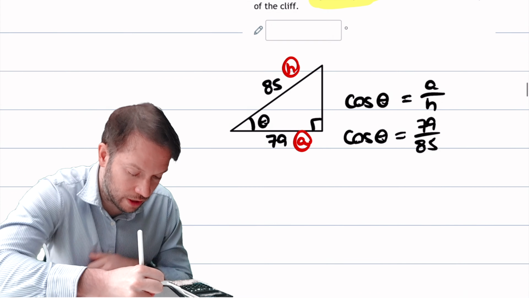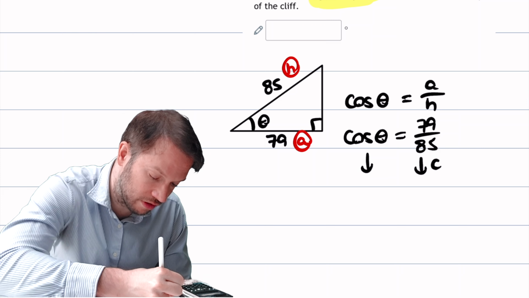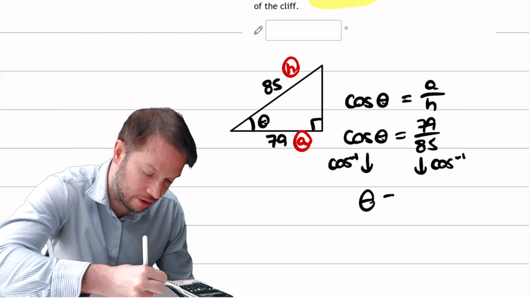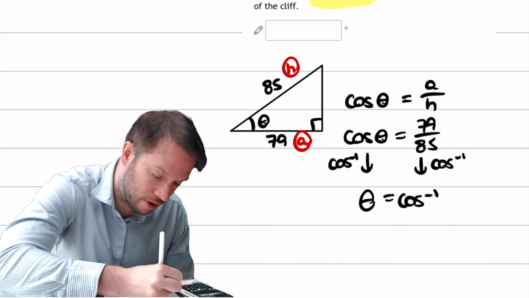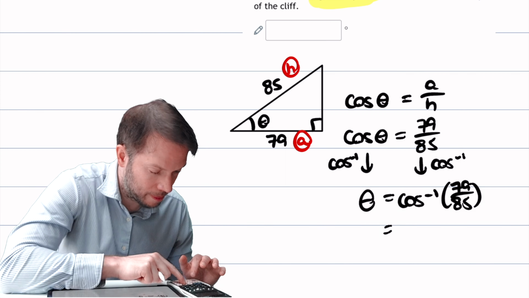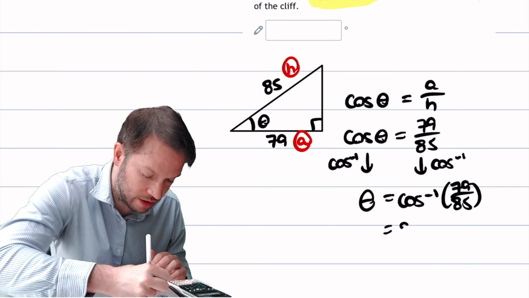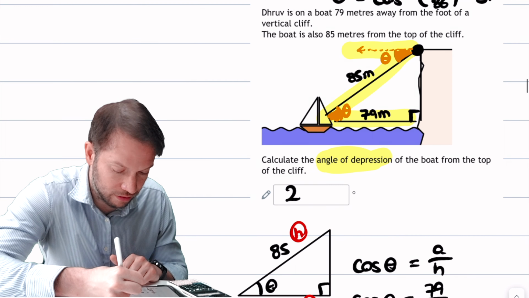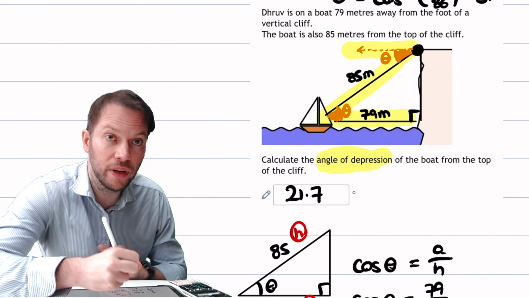And then we do inverse cos of both sides, written cos to the minus 1, to undo the cos, and we get theta equals inverse cos of 79 over 85, and that is equal to 21.7 degrees. So that is the answer. The angle of depression is 21.7 degrees.